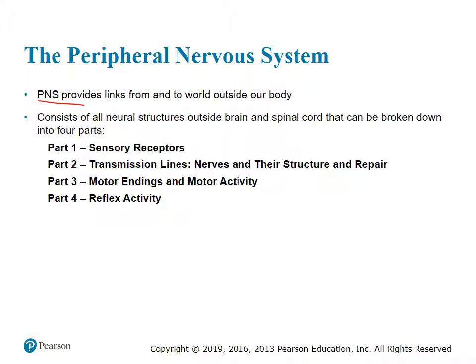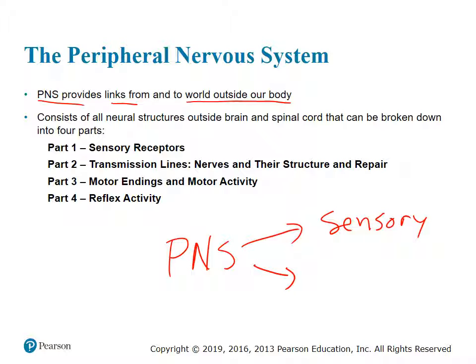So again, the PNS links inside and outside the body, right? Basically what we're seeing here. It links the CNS, in fact, through the PNS. Your PNS contains both sensory and motor neurons.